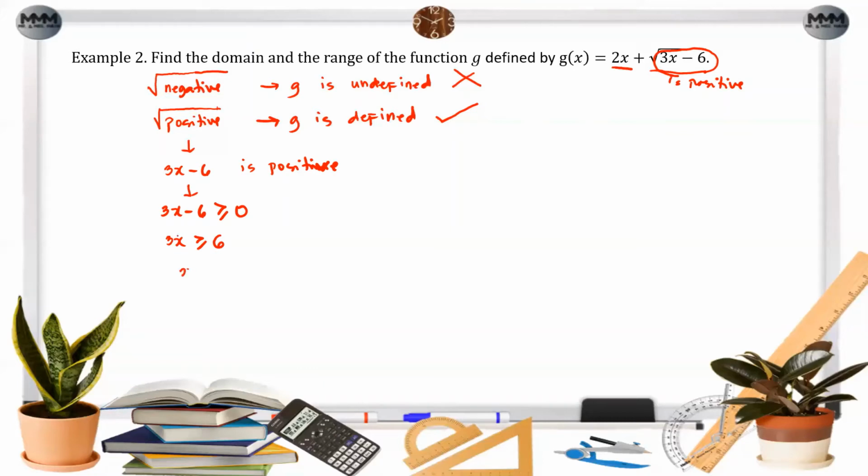We have here 3x divided by 3 is x. Copy the symbol. 6 divided by 3 is 2. So we have here x is greater than or equal to 2. So when x is greater than or equal to 2, our function is defined. Hence, this is our domain. So the domain is equal to the set of values of x, where x is a real number, such that x is greater than or equal to 2. As simple as that.